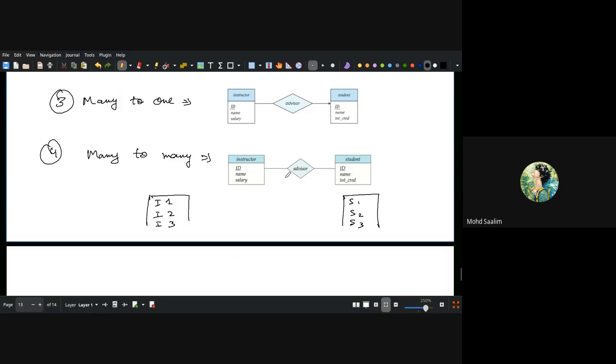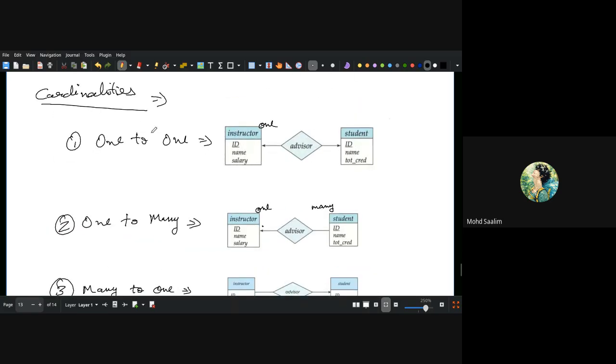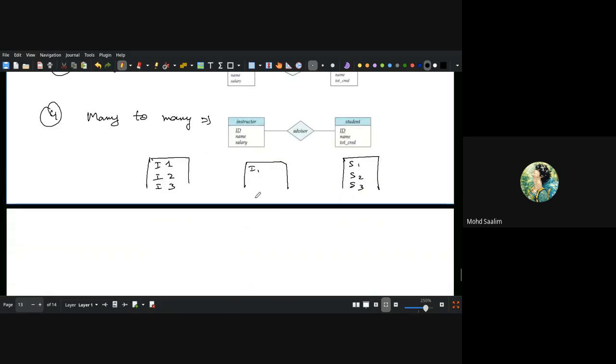In my advisor relationship, let's say this is a one-to-one relationship, okay? I1 is associated with S1. That means I1 is advising or guiding student 1. Instructor 2 is guiding student 2. That's it. This is the scenario.